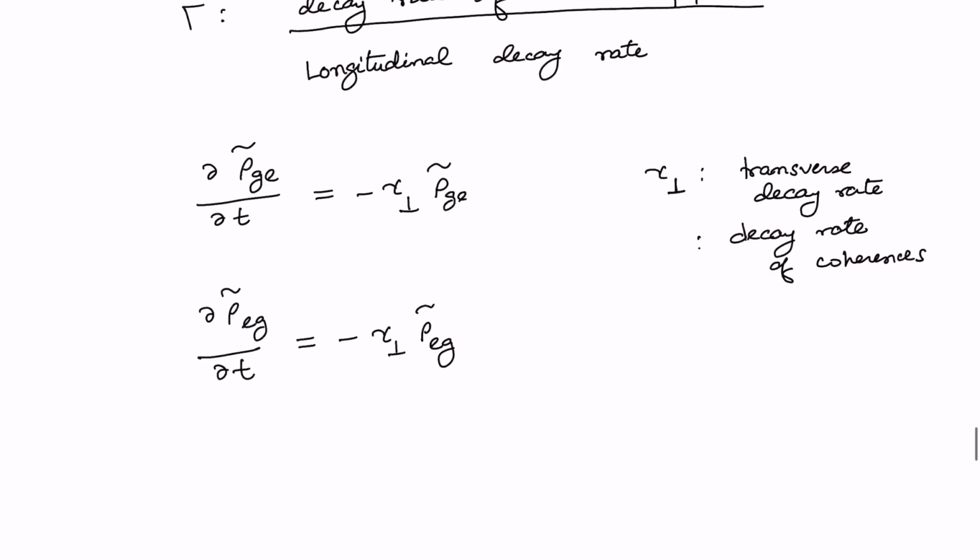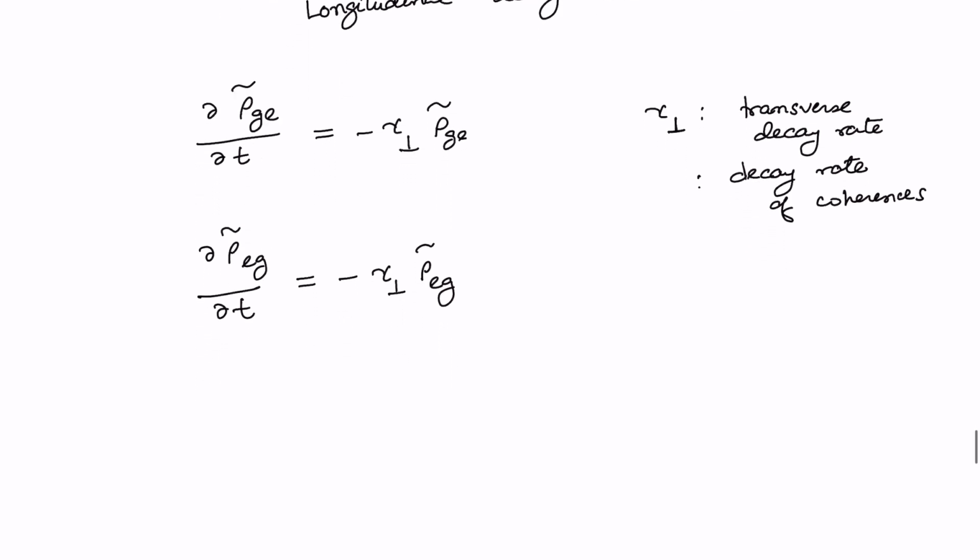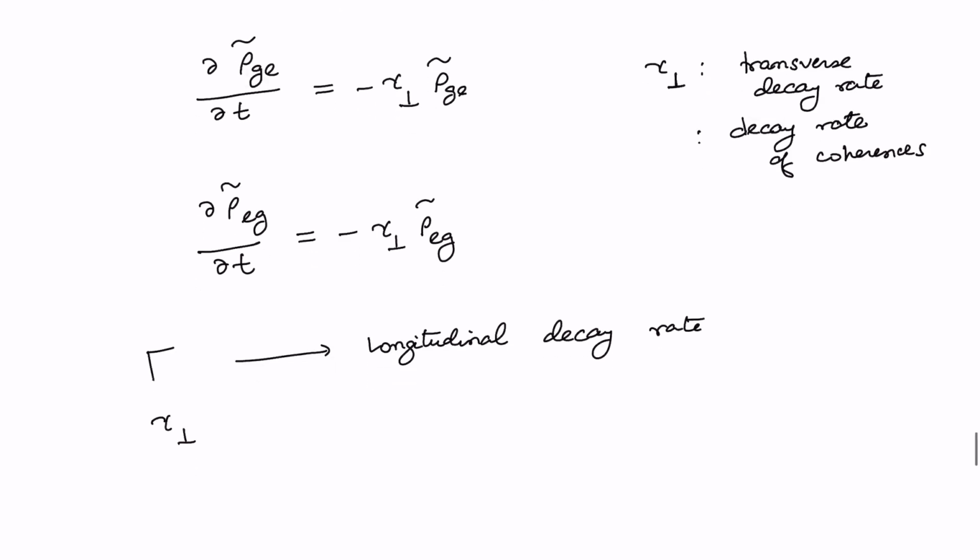All right, now this longitudinal decay rate capital gamma and transverse decay rate small gamma perpendicular are many times written in terms of relaxation times. Let me write it once again: this is the longitudinal decay rate, and this is the transverse decay rate.